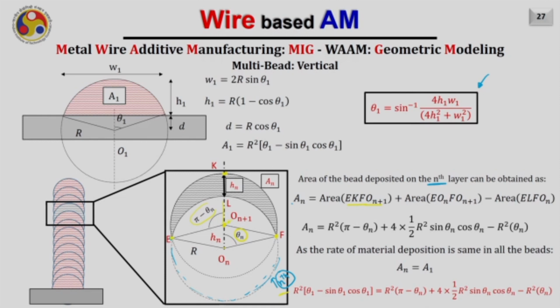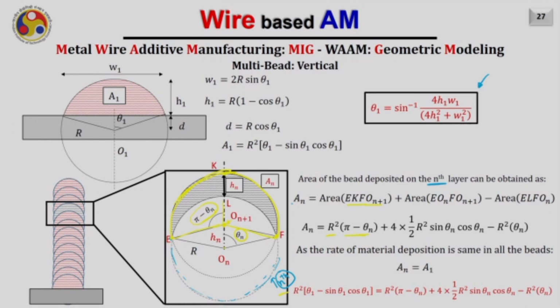This is the center of the next bead deposited, and this angle will be nothing but pi minus theta n. As this angle is pi minus theta n, I can easily find out the area corresponding to this much, and the area will be equal to r square times the angle pi minus theta n.